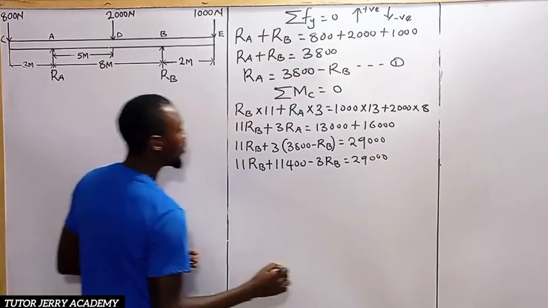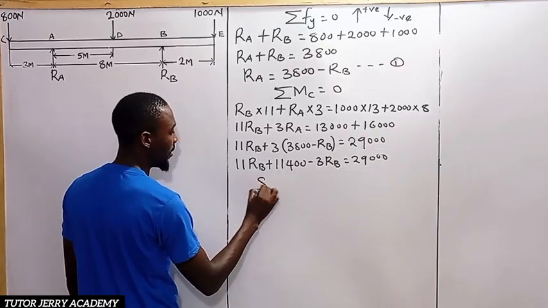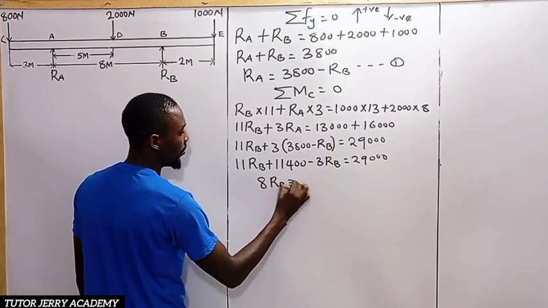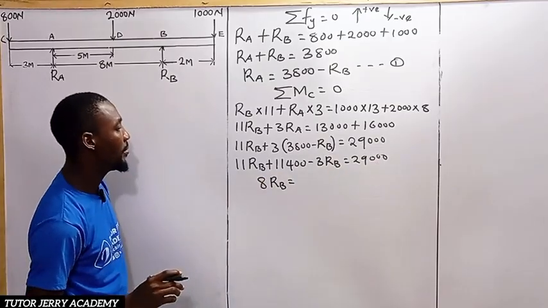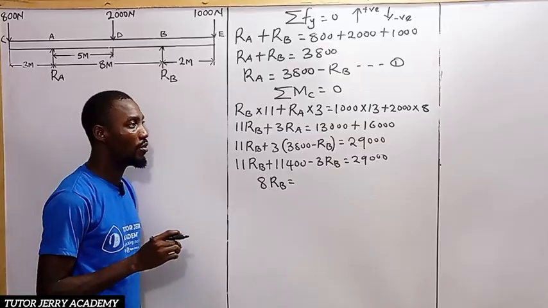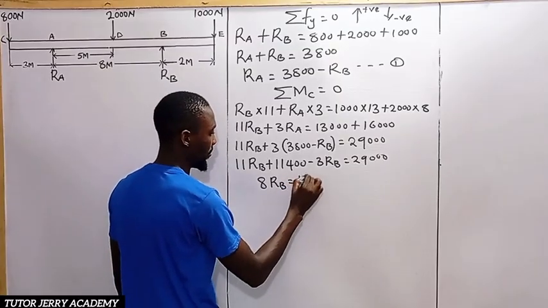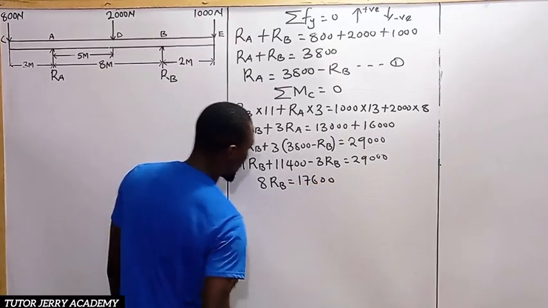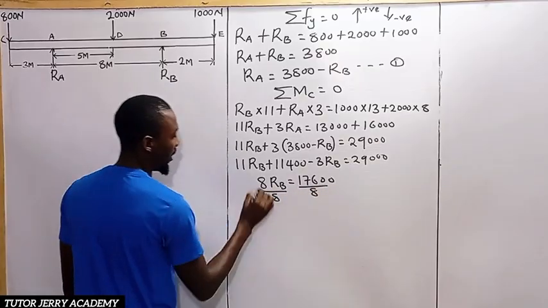All right. So if you collect the like terms, 11 RB minus 3 RB, that is 8 RB, which will be equals to 29,000 minus 11,400. So if you do that, you are going to have 17,600. All right. So if you want to have your RB, we divide both sides by 8.